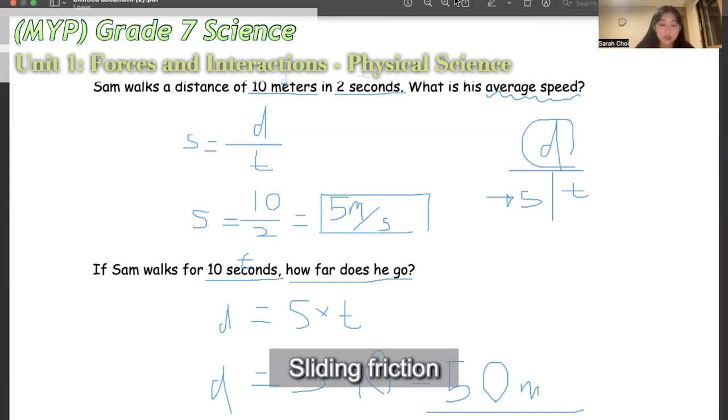Sliding friction is friction that occurs when two surfaces slide against each other. Rolling friction is friction that occurs when an object rolls over a surface. And finally, fluid friction is friction that occurs when an object moves through fluid, such as water.